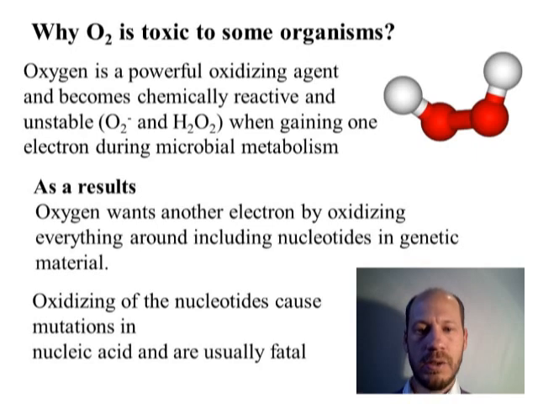The reason is oxygen creates unstable oxidizing molecules like the superoxide, for example, the O2 minus, and the hydrogen peroxide, H2O2, which are strongly oxidizing agents. So these agents will break down, oxidize different molecules in the cell, including proteins and DNA, and therefore may cause the death of the cell.